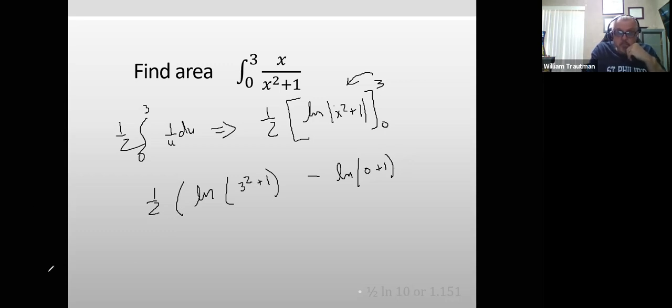So this is 1/2 times the natural log of 10 minus the natural log of 1, and the natural log of 1 is 0.